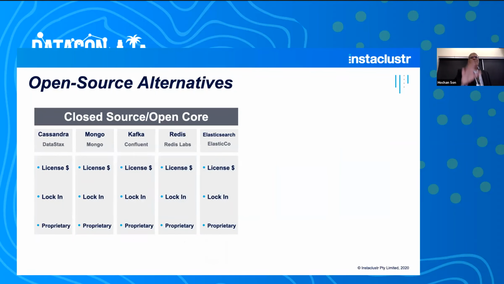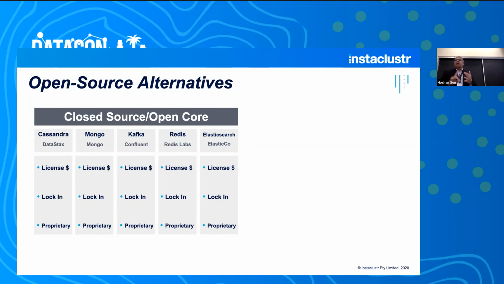And this is an example where we have helped a few clients. Here on the left-hand side, you see a company using closed source or open core software, like Cassandra from DataStax, MongoDB, Kafka from Confluent, Redis from Redis Labs, Elasticsearch from Elastic.co. So they'll have to pay licensing.